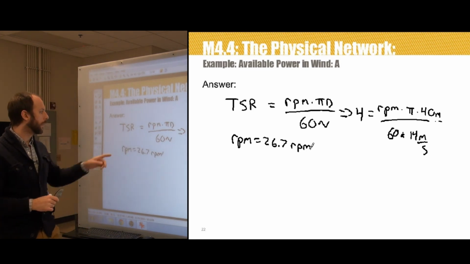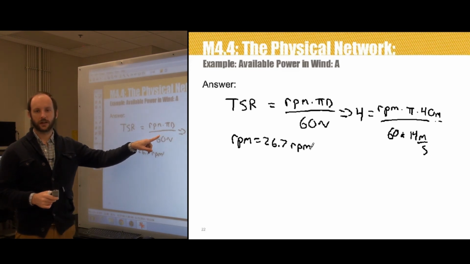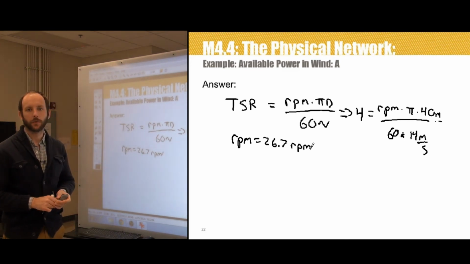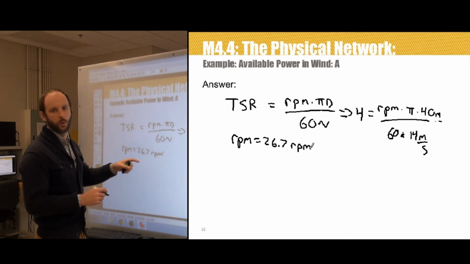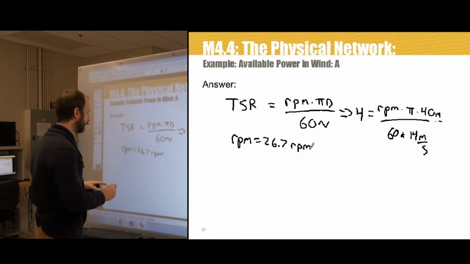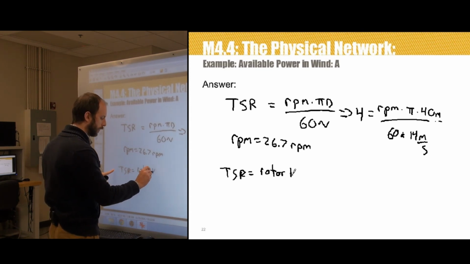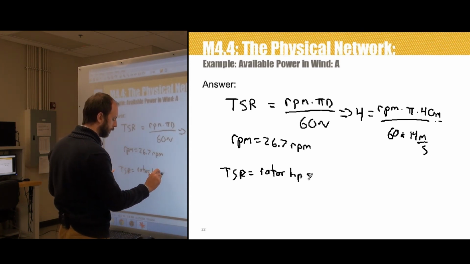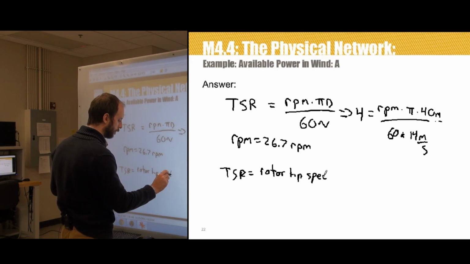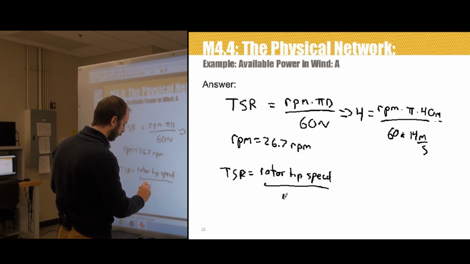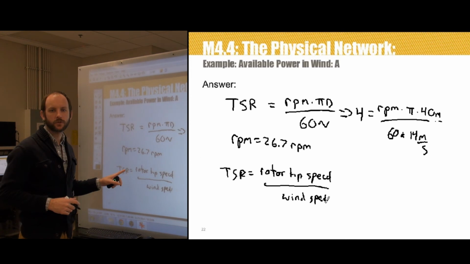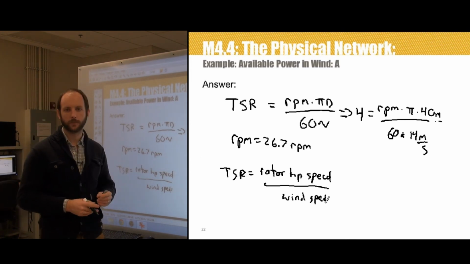Remember that this is the calculation of TSR, but the definition of TSR was rotor tip speed over wind speed. And so a TSR of 4 just tells us that the rotor tip speed is 4 times the wind speed, right?